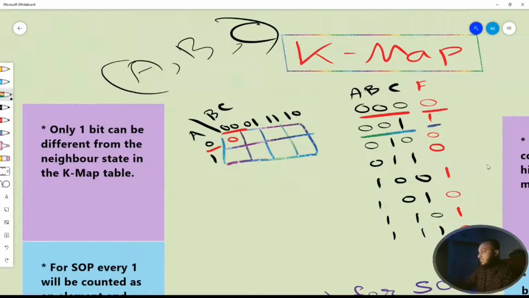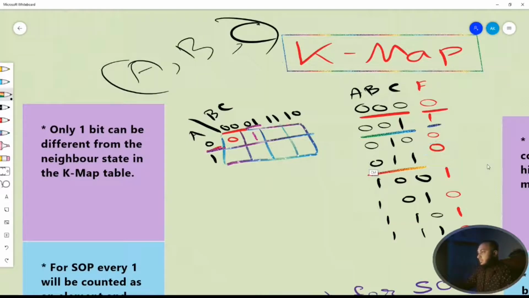The second pattern is 0 0 1, which is here, so here we will write 1. For this state 0 1 1 we will write 0. Where is this? We can see we have 0 1 1, so here we will write 0.